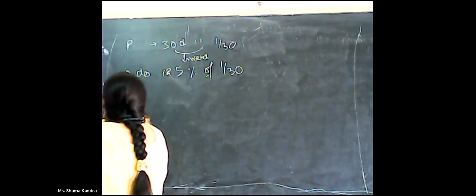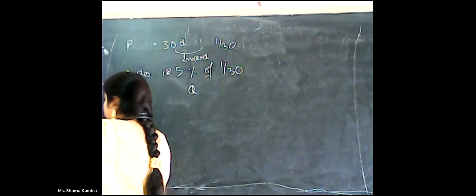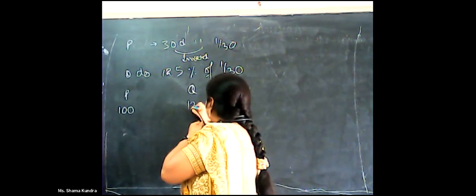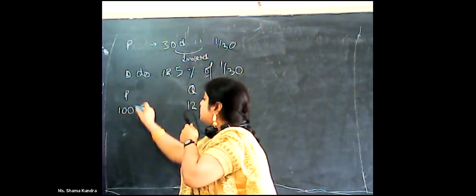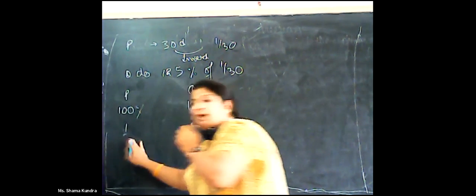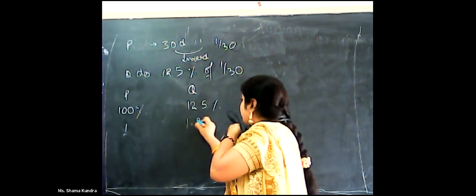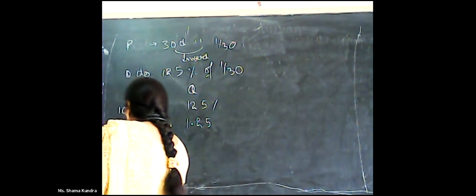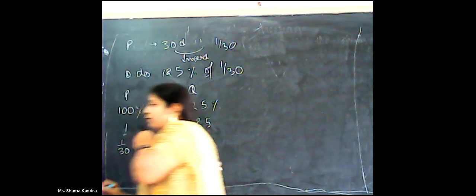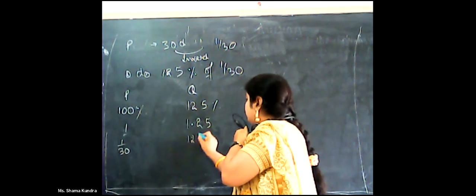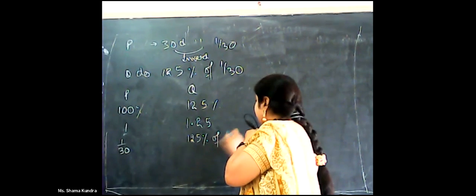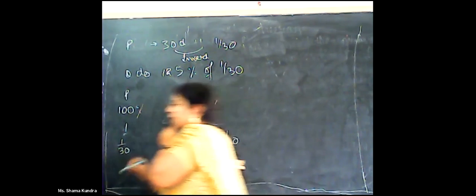If P is 100, P is 100%, then Q is 125%, because Q is 25% more efficient. If P collects one pebble, then Q will collect 1.25 pebbles. If P does 1 by 30 amount of work, then similarly Q will do 125% of 1 by 30 amount of work.